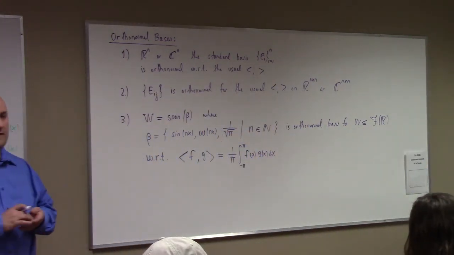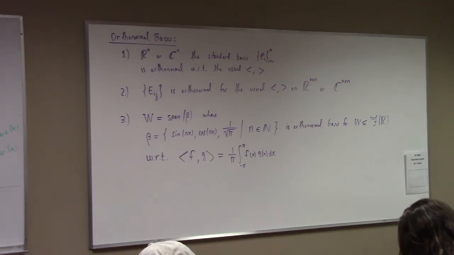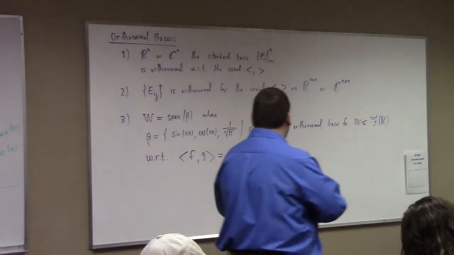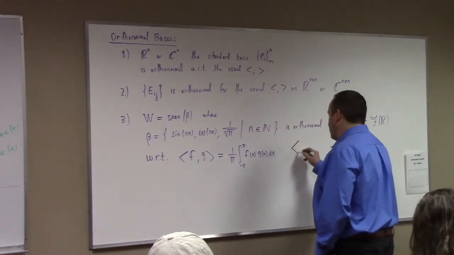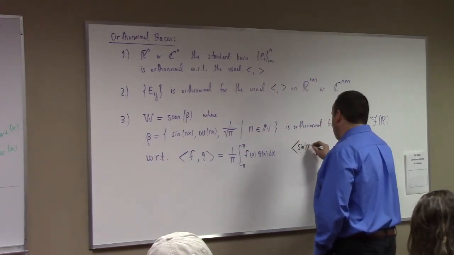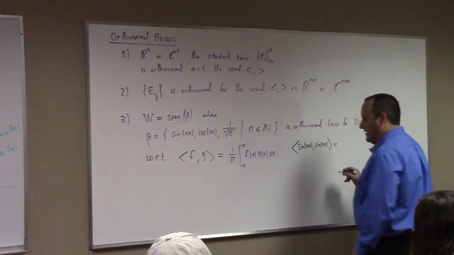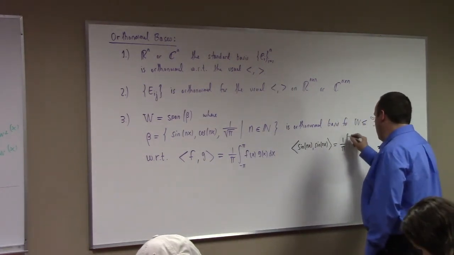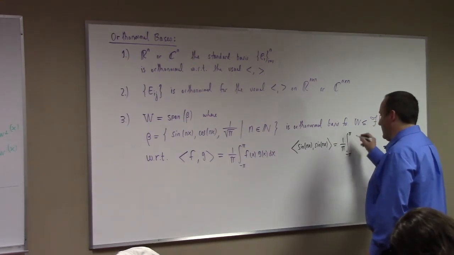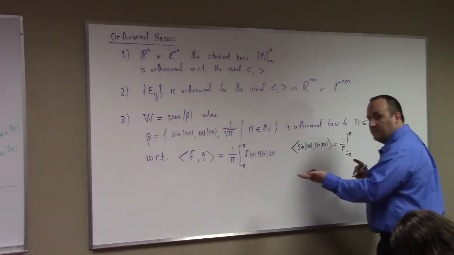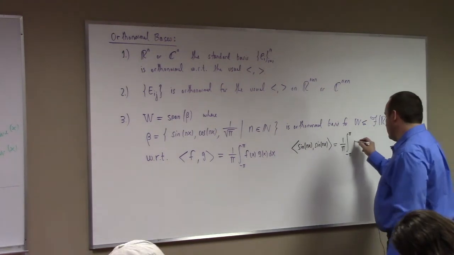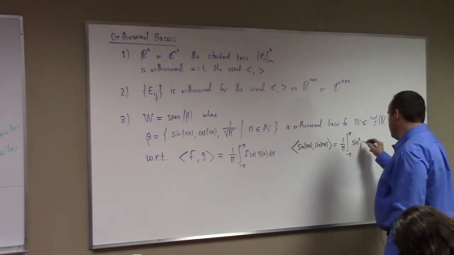What do I mean by that? I mean that you can do integrals of sine and cosine, one against the other, and they'll work out to 0, unless you're looking at sine with sine or cosine with cosine and the argument's matching. For example, if I look at the inner product of sine of nx with itself, well, that's by definition 1 over pi, the integral from minus pi to pi, and so we get sine times sine, which is a what? Sine squared nx.